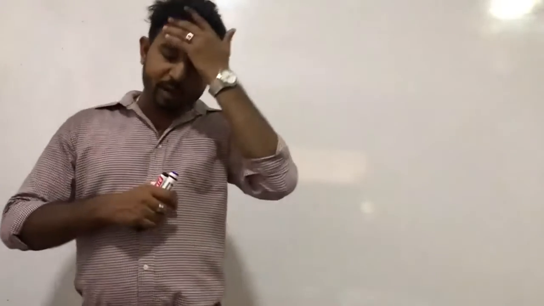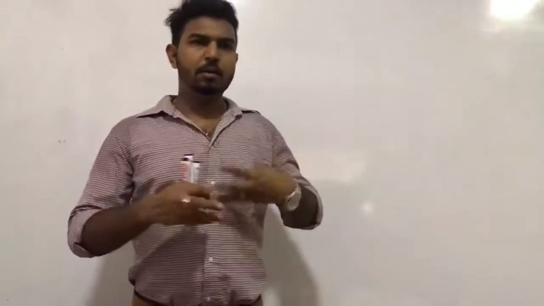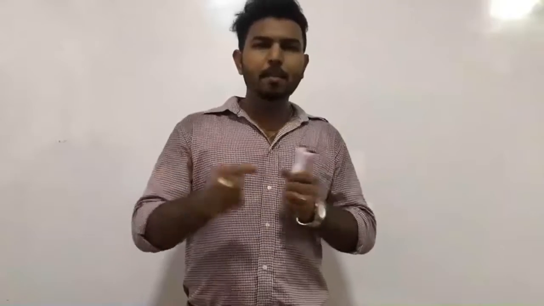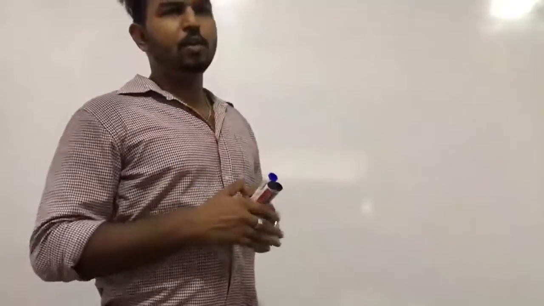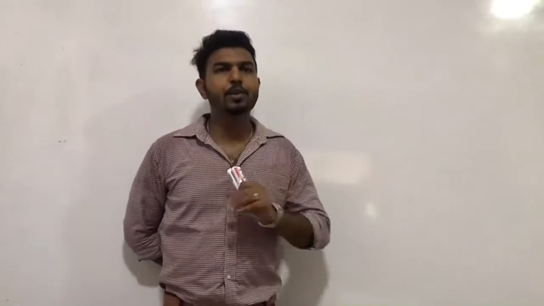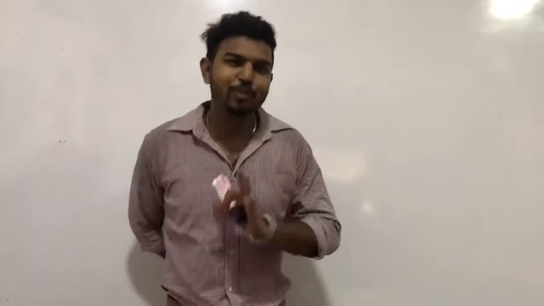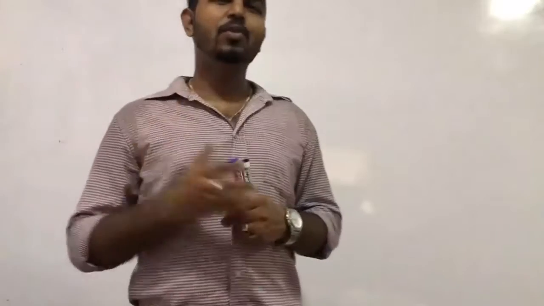Before going to covalent bonds, tell me what is the purpose of bonding in atoms? Why do atoms get bonded? What's the reason for bonding for humans? Why do you try to bond with another one, like finding a girlfriend or a boyfriend?